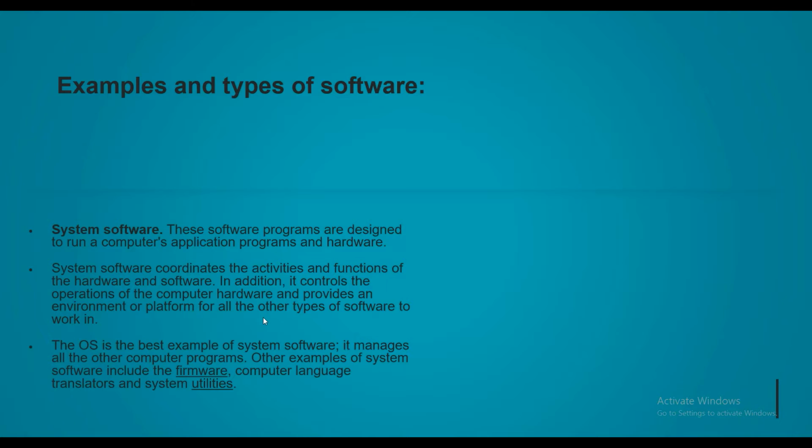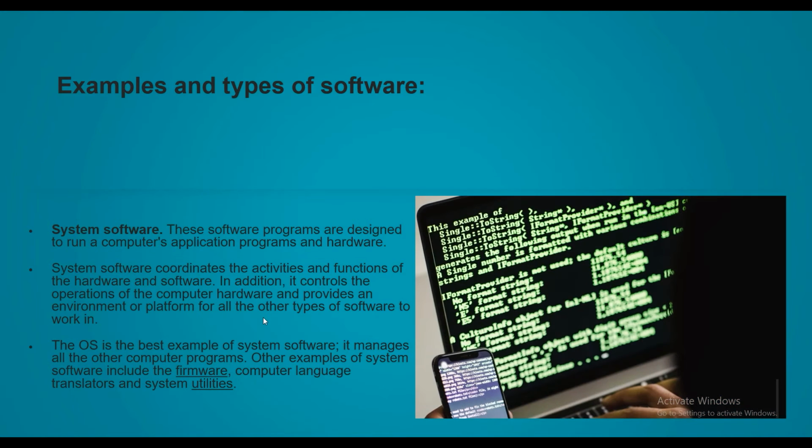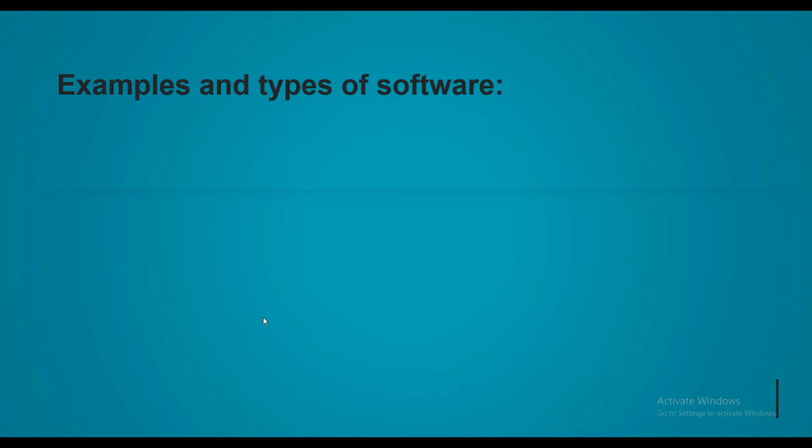The operating system is the best example of system software. It manages all the other computer programs. Other examples of system software include firmware, computer language translators, and system utilities. The third type is driver software, also known as device drivers.